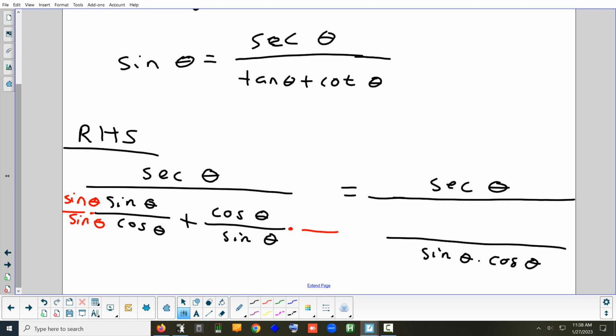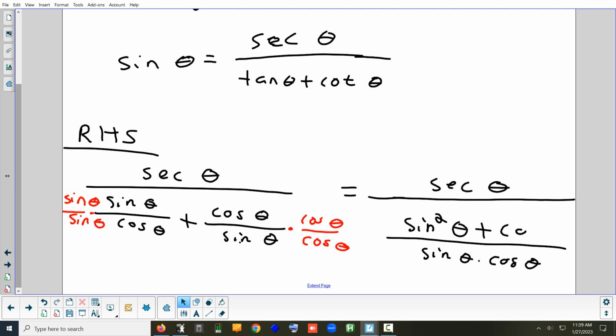Okay. In the second fraction, we have the sine in the bottom. What are we missing to have the common denominator? Cosine. Now, if I do that out, what's sine times sine? Sine squared. And cosine times cosine?